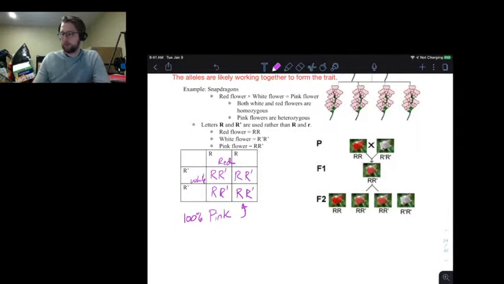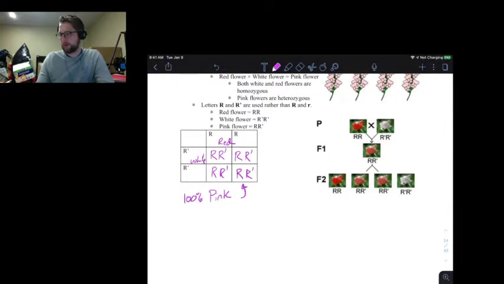So, for example, if we can count up these two pink flowers, then we know exactly that their parents must have carried the recessive gene, or the white gene, and we know exactly what the genotype ratio is here just by counting up the number of phenotypes.